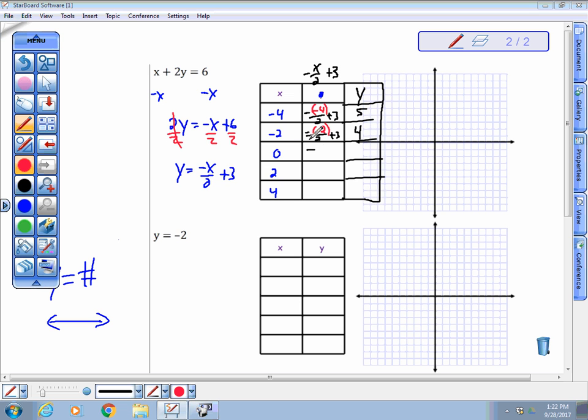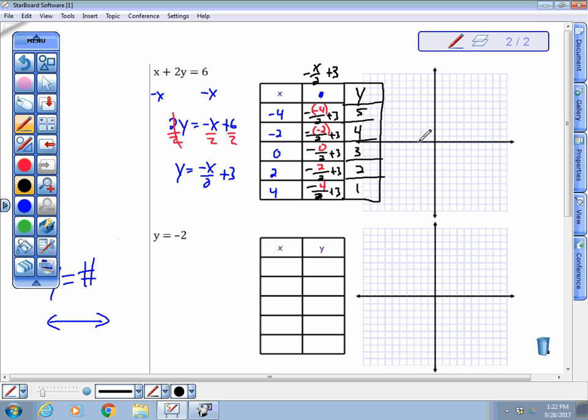We'll have a negative 0 over 2 plus 3, which is 3. We'll have a negative 2 over 2 plus 3, which is 2. And we will have a negative 4 over 2 plus 3, which is 1.